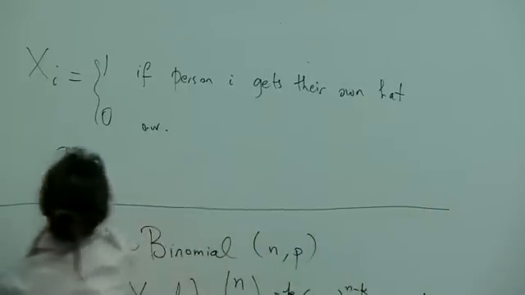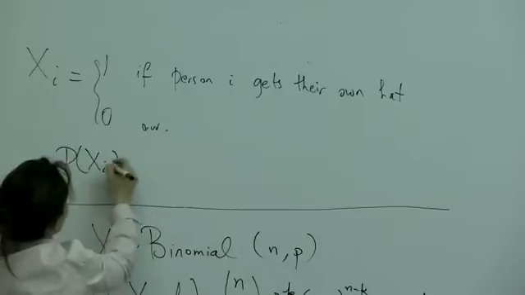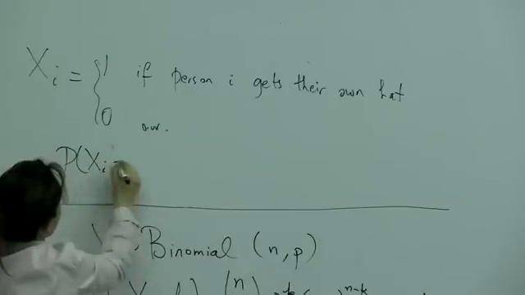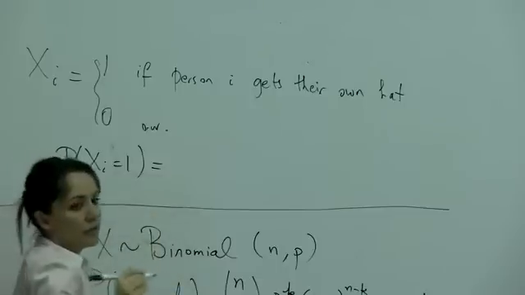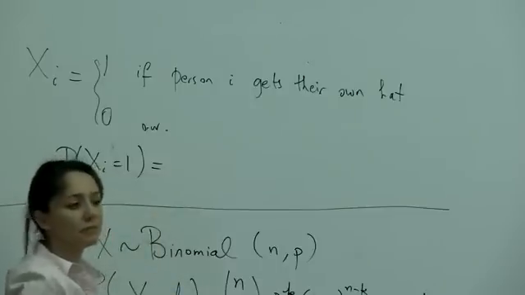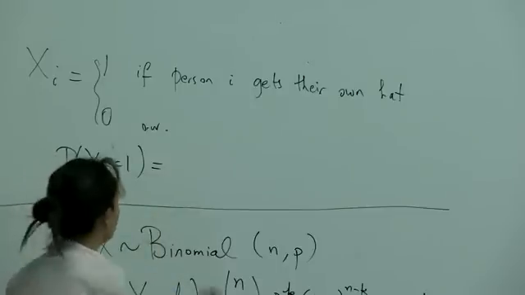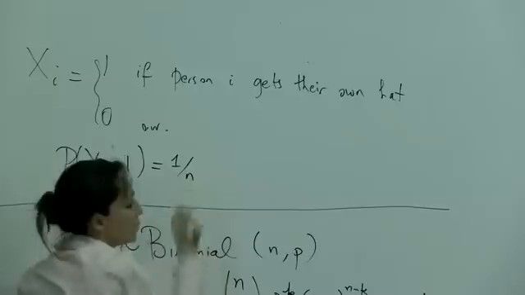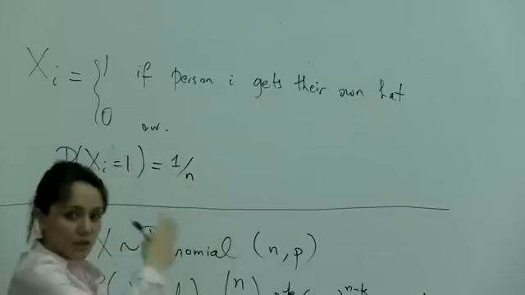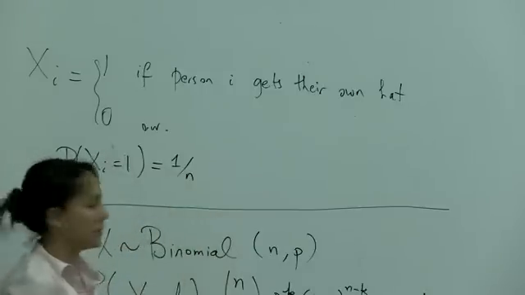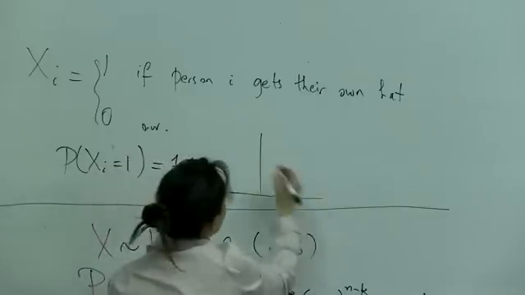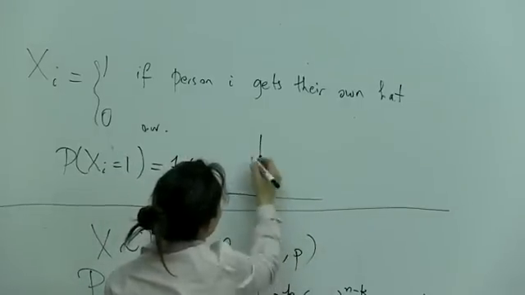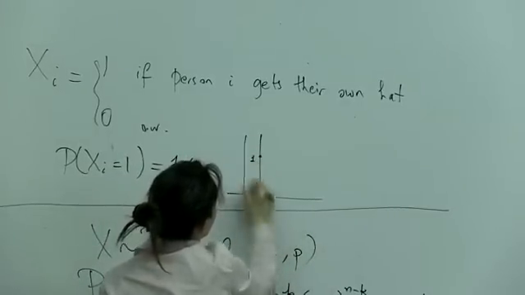The probability that Xi is 1 in this problem is, according to the model in the problem, 1 over n. So this probability decays with n. Goes like this. When there's one person, the probability is 1.